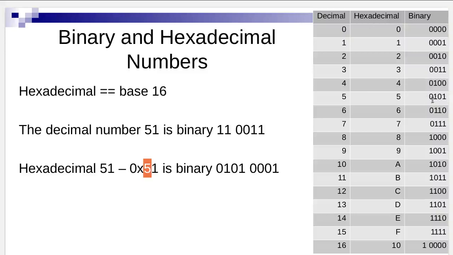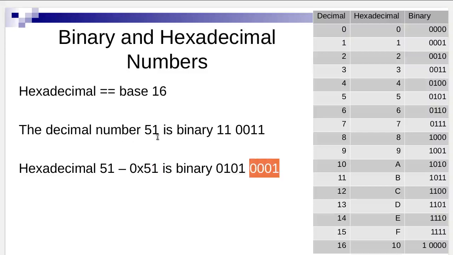Okay, so this 0101 goes here. That's the first part of the binary representation of hexadecimal 51. The second part is the 1. Look over here, it's 0001. And so now we can see that for hexadecimal 51, you just take each digit, convert it to its 4-bit binary equivalent, and you get the full binary representation of any hexadecimal number.